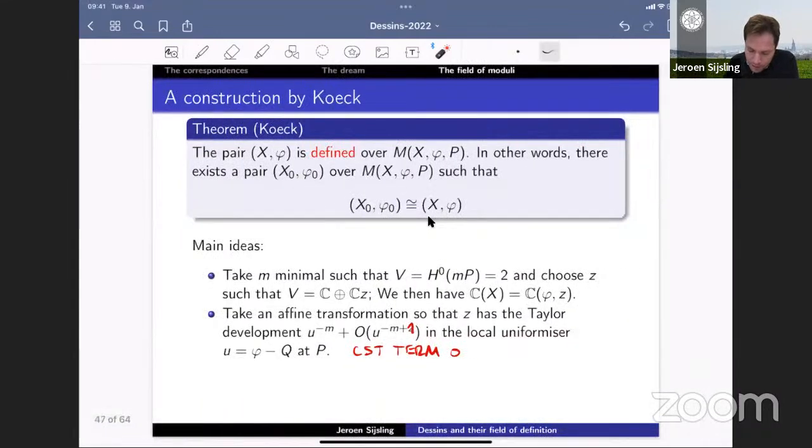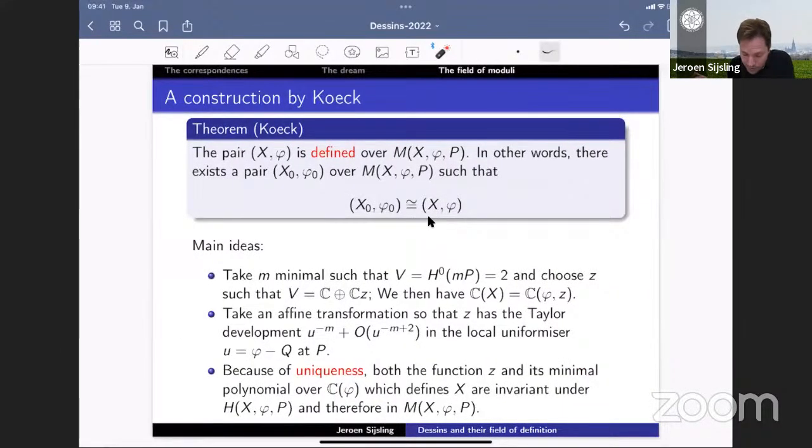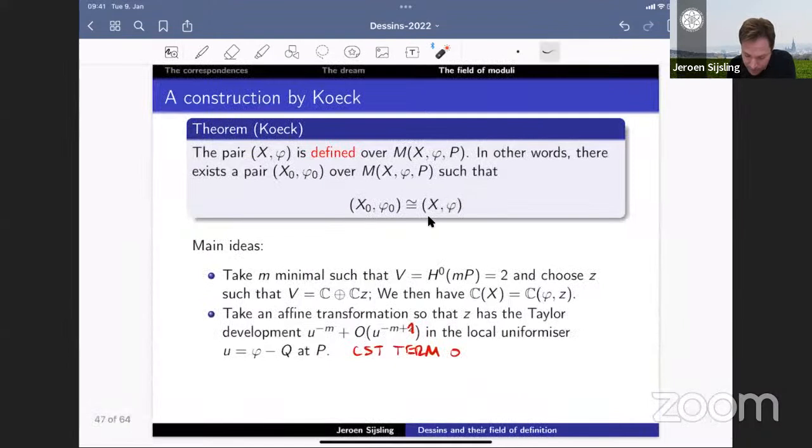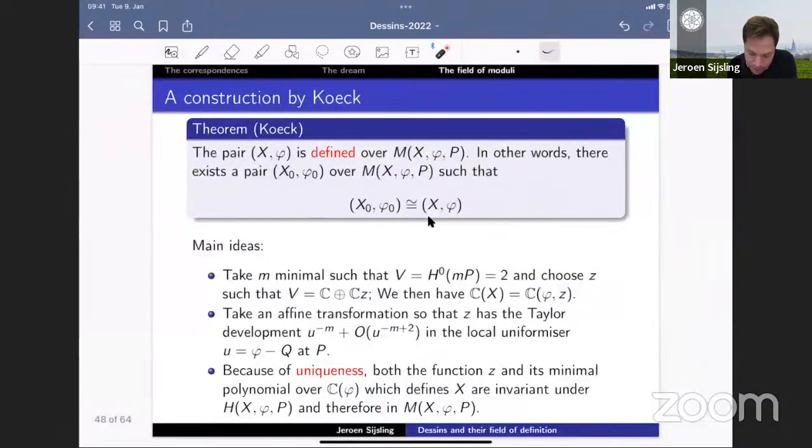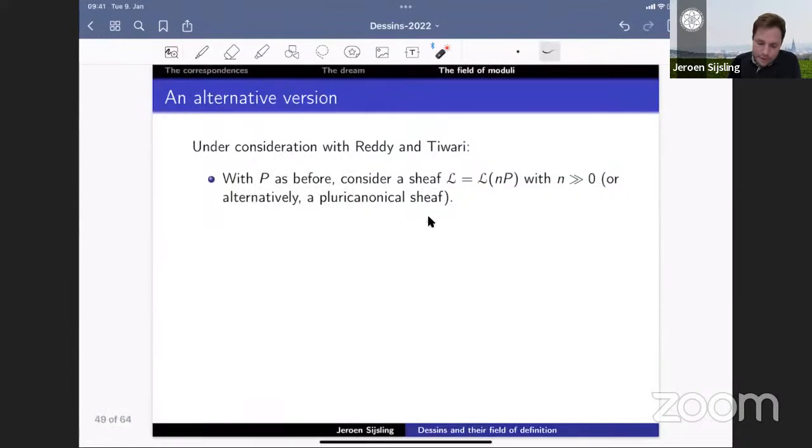And if you then take this corresponding isomorphism, which exists by construction, then your Z moves along under this isomorphism. But you know that before it had this nice Taylor development, and because you normalize this Taylor development, this also just remains true for its conjugate. That means it's invariant, and then so is the minimal polynomial, and you have a rational equation over this field. It's simply the minimal polynomial of this function over C phi.